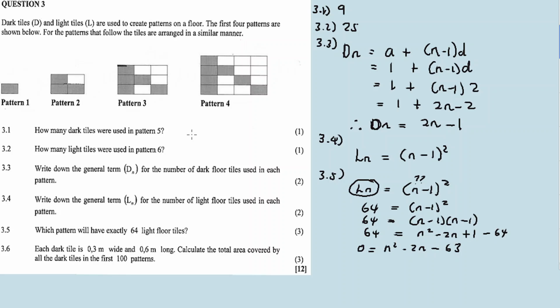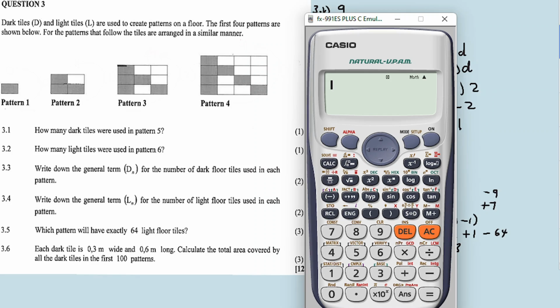So now look here, I want 2 numbers that when I multiply give me negative 63, and when I add give me negative 2. Which numbers are those? Minus 9 and 7. Let's be sure. Minus 9 times 7 is equal to negative 63.